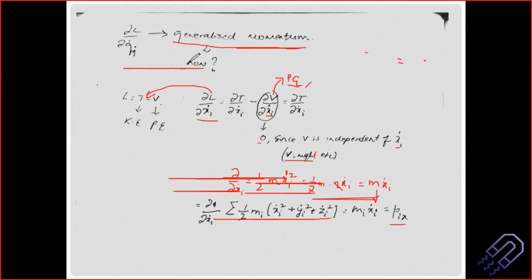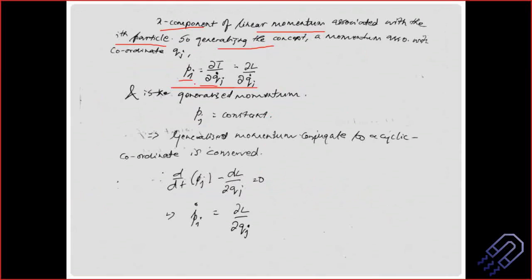Del L del Qj dot is the generalized momentum, but whether you write it down as del L del Qj dot or as del T del Qj dot, it will remain the same, because del V del Qj dot is anyway 0. So that's why Pj is equal to del T del Qj dot is equal to del L del Qj dot.